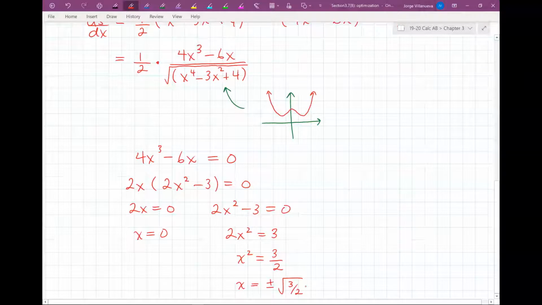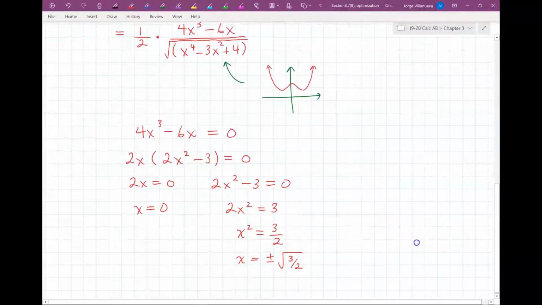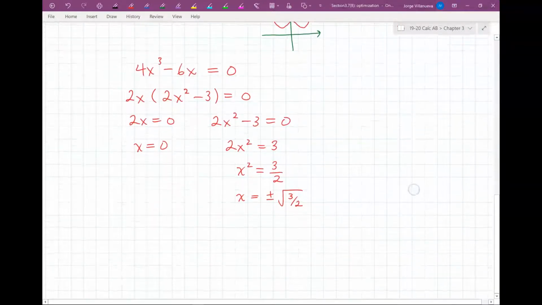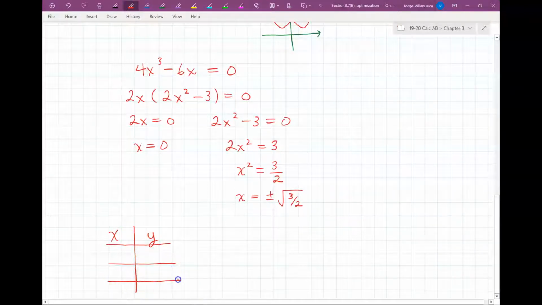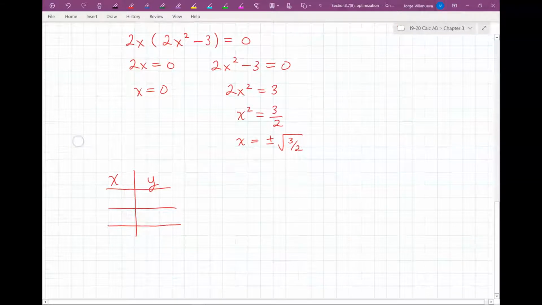Okay? So, let's see. 3 different answers. Let me write this down here. I'm just going to do this for the sake of having points, okay? So I have an x, y here.